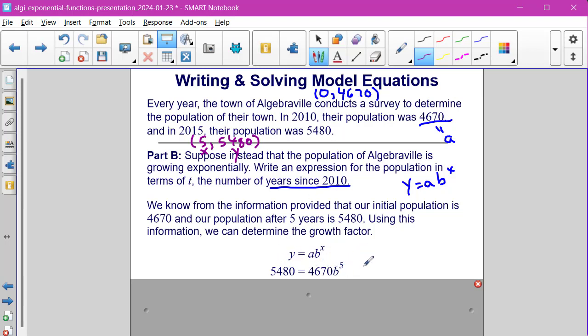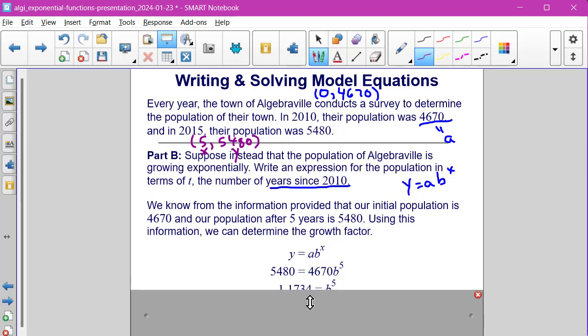So now we have to solve this equation: 5,480 equals 4,670 times b to the fifth. First thing we can do is divide both sides by 4,670, and when doing so, we'll end up getting that b to the fifth power is equal to 1.